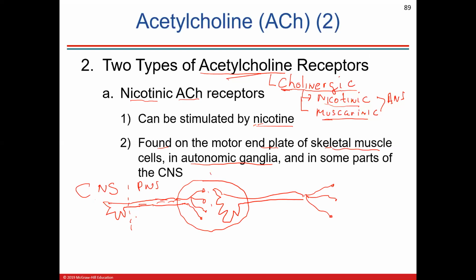So this is the pre-ganglionic neuron of the autonomic nervous system, and this is the post-ganglionic.